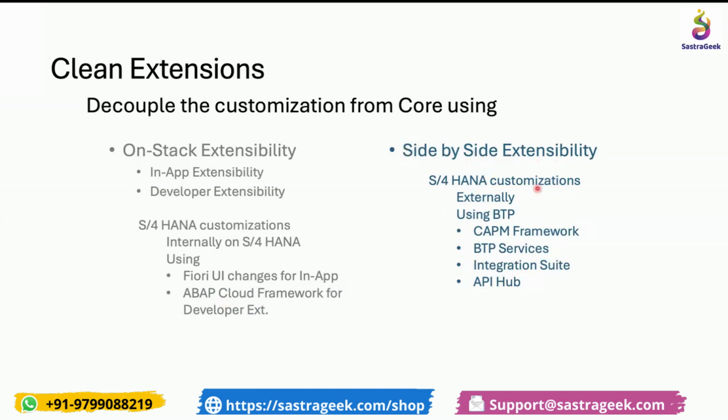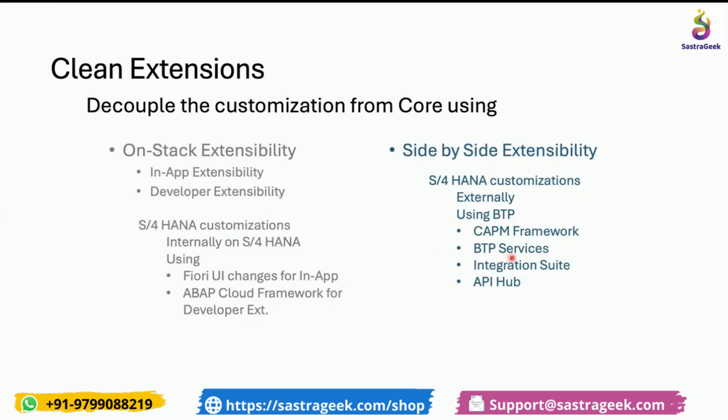Now, going on to side-by-side extensibility, it is S/4HANA customization that's external to the ABAP stack, and it uses BTP. And using BTP, the framework that we use for developers is the Cloud Application Programming Model, and we use the features that are there on the cloud for it.